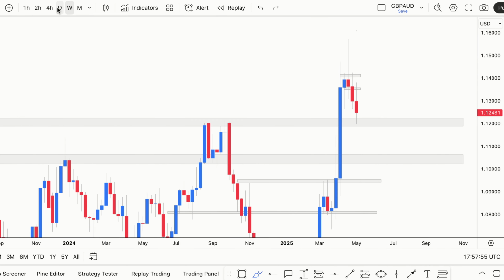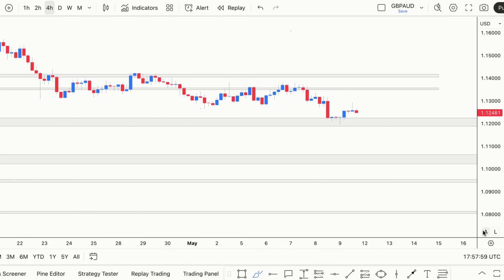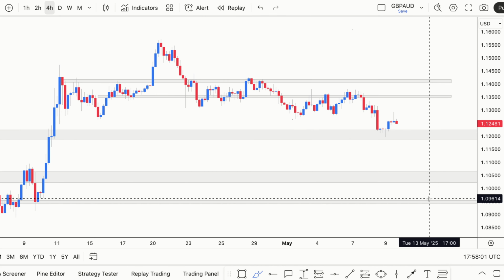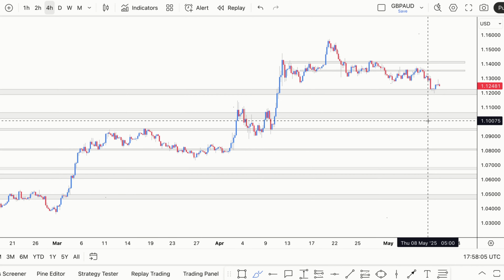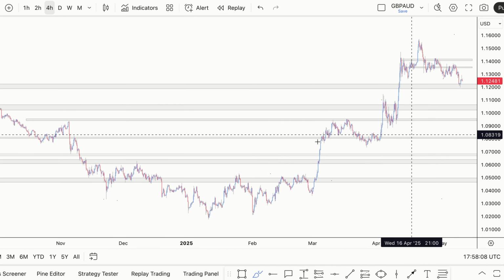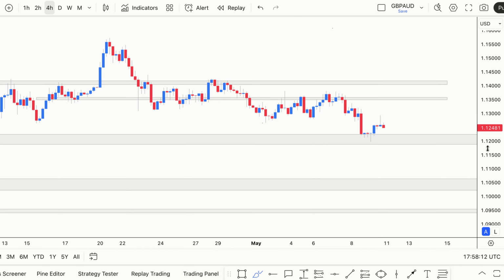From this perspective, I would need to see EU break below this level, basically around 1.12, which, like I said, is a major supply top in the past. If EU comes down, you can see a pullback to end the week.